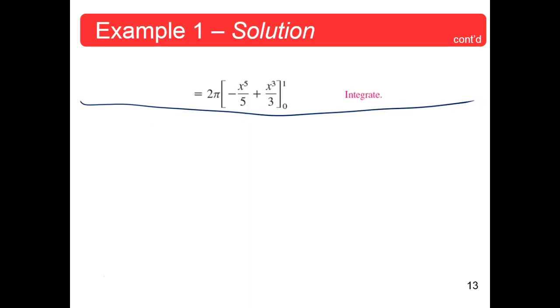Find the volume of the solid formed by revolving the region bounded by the graph of x equals e to the minus y squared, and the y-axis, going from 0 to 1 on y, about the x-axis.